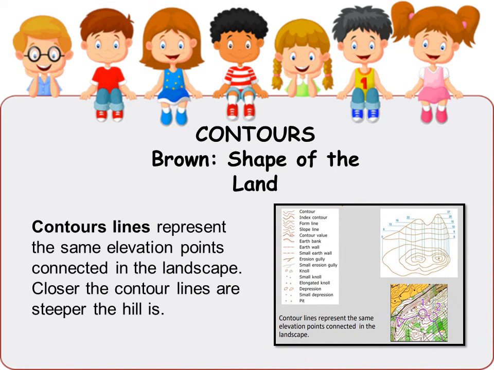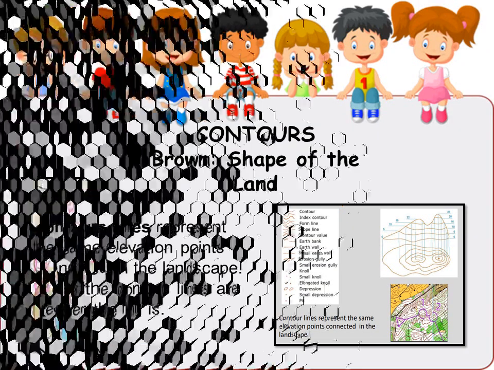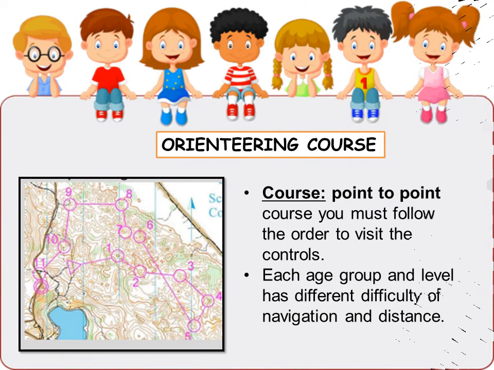Proceed to contours, the shape of the land. Contour lines represent the same elevation points connected in the landscape. The closer the contour lines are, the steeper the hill is. Orienteering course.